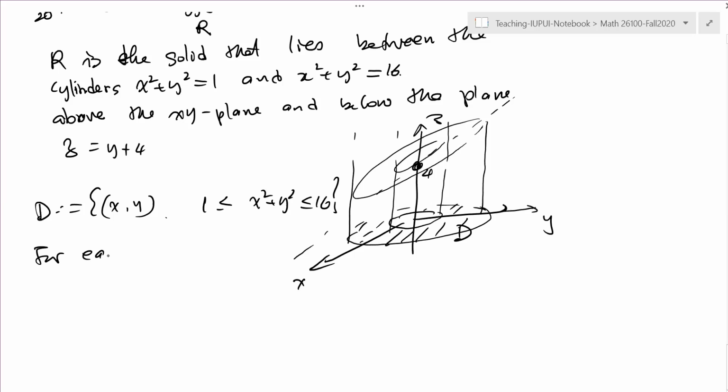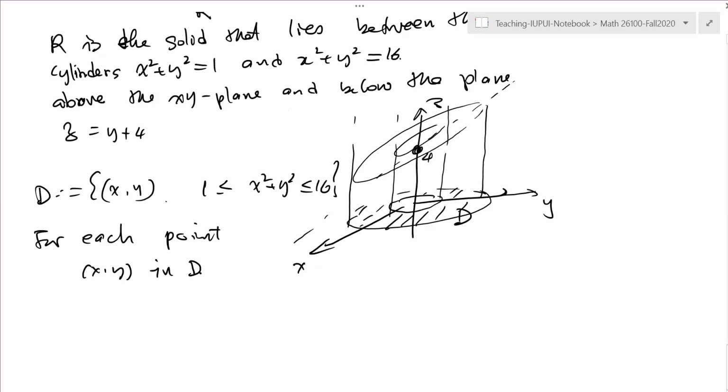Then for each point x, y in D, we just take an arbitrary point x, y, z, and the solid consists of all those vertical lines.